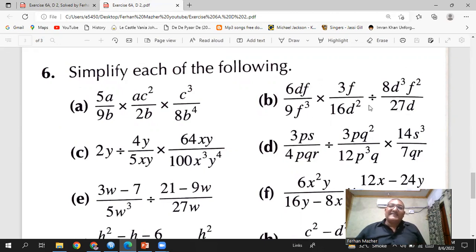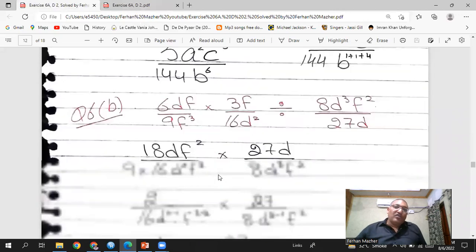So this divide sign, first of all, I will convert into a multiplication sign. When you do this, the fraction right after the division sign will flip, it will reciprocate. So this 27d will come upstairs, and 8d cubed f squared will go downstairs when you convert this divide sign into a multiplication sign.